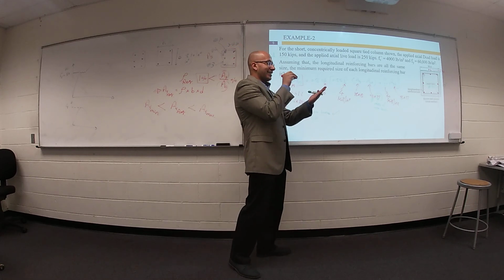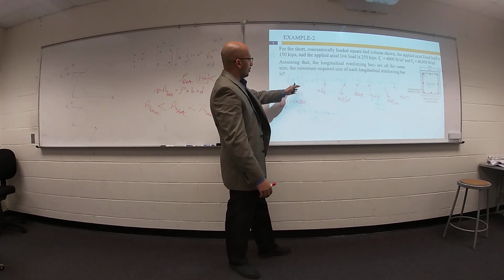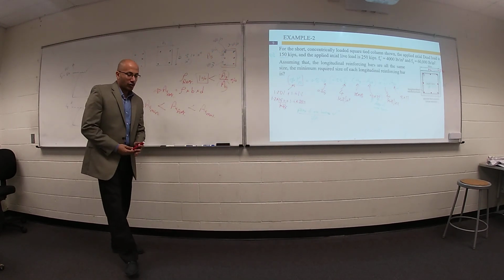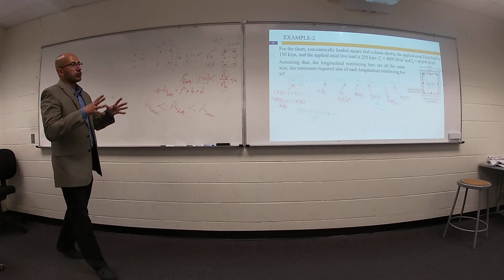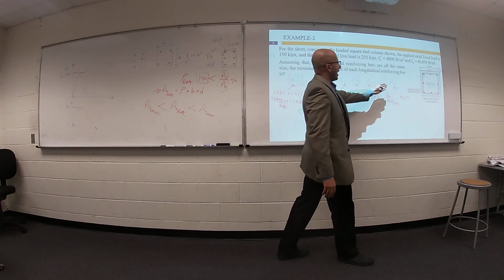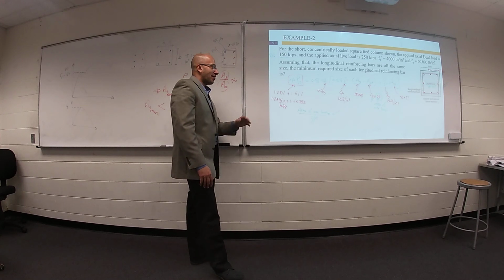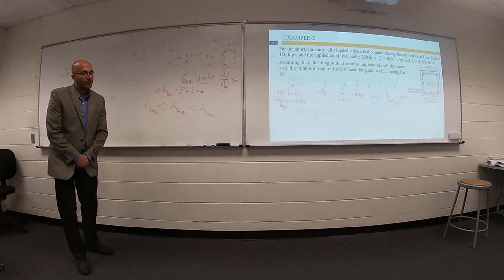I need to put what is required to cover this design. The best way to solve a column problem is to put your equation, see what is given and what is not given, then go ahead and design your column.